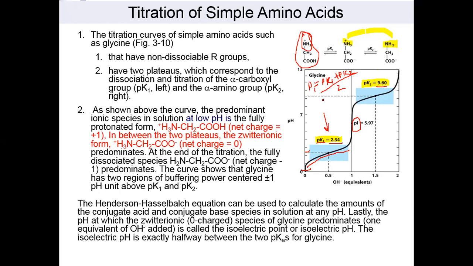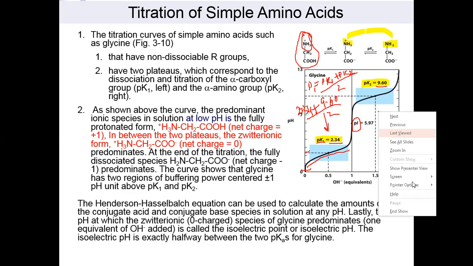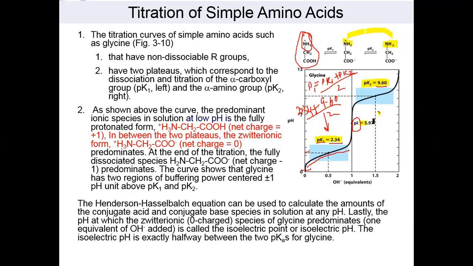So this value is 9.6 plus 2.34, dividing it by 2, we are getting the third point, which is 9.57. What is this? This is actually the isoelectric point.